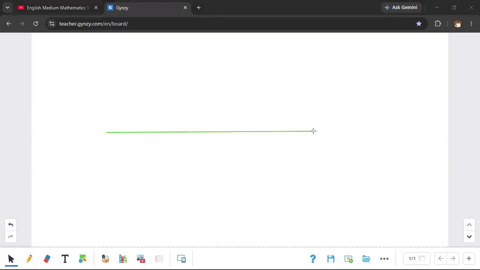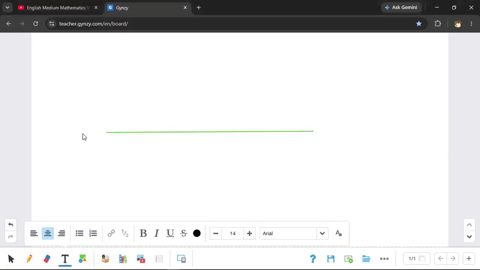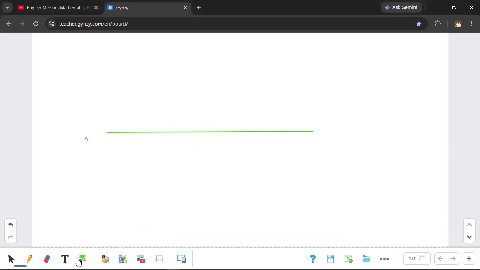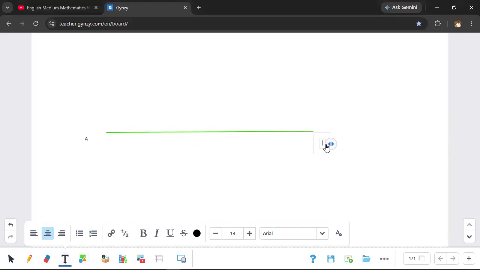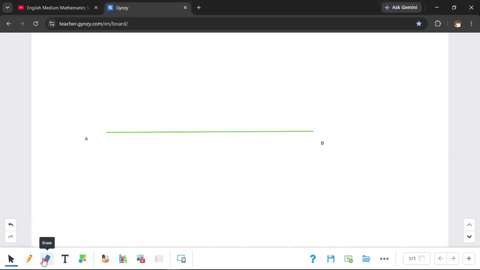They might give you a straight line in the exam, or they will ask you to draw one. They will give you the distance as well, and they will ask you to name it as A or B or whatever. Then they will give you a point as well, somewhere around here.